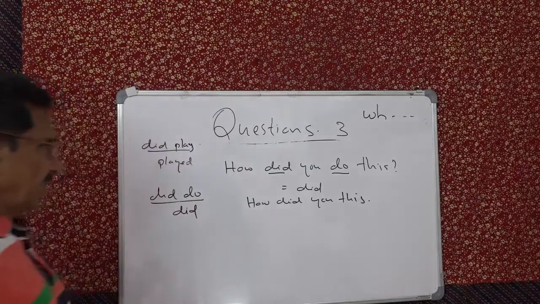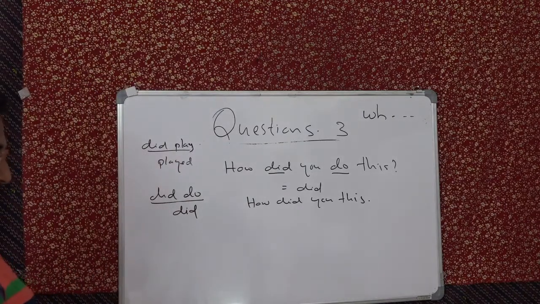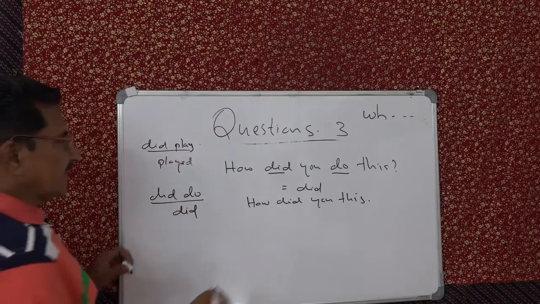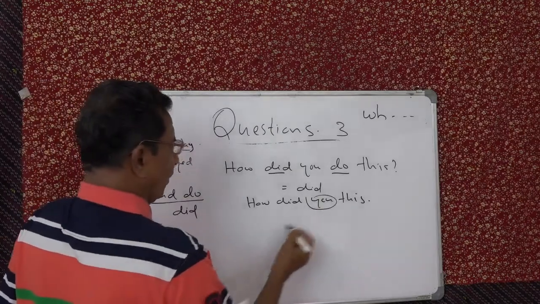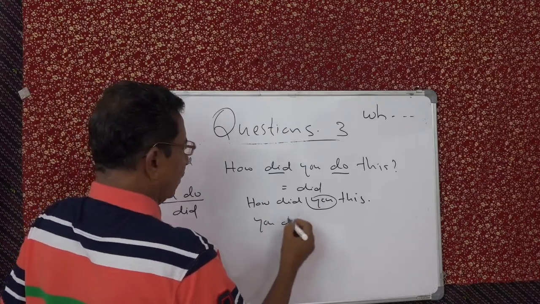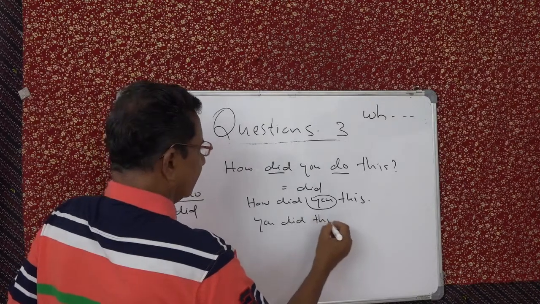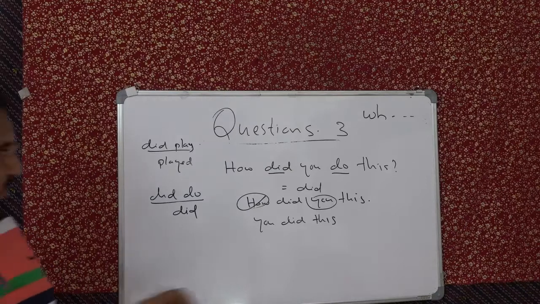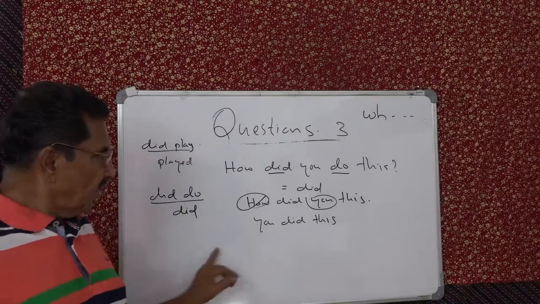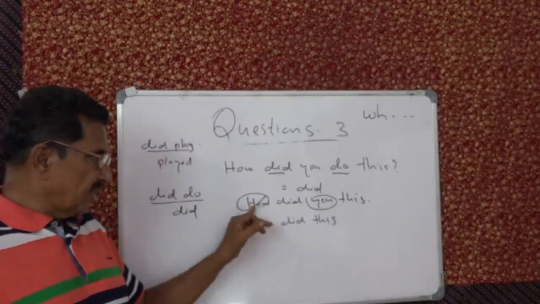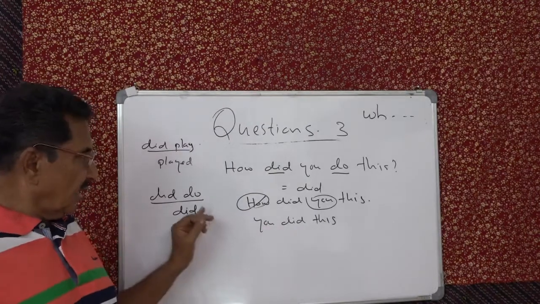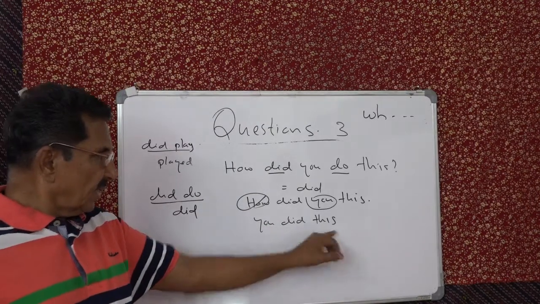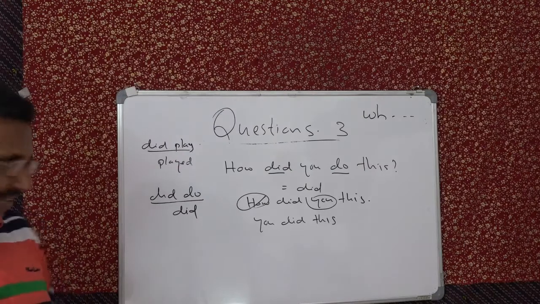See that? What is the subject? Who? You. So you did this. When you have you did this, this is not required, it's not a question. Now you want to make it a question again? Okay, let's see.